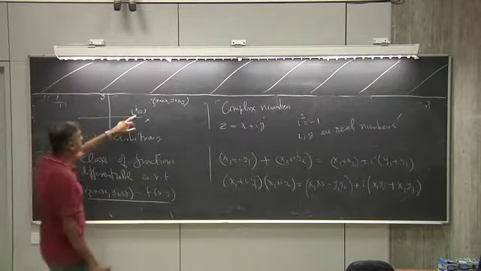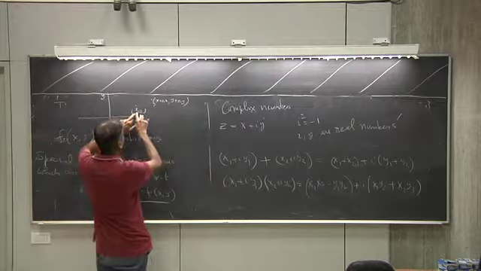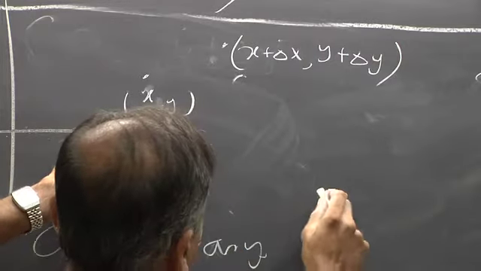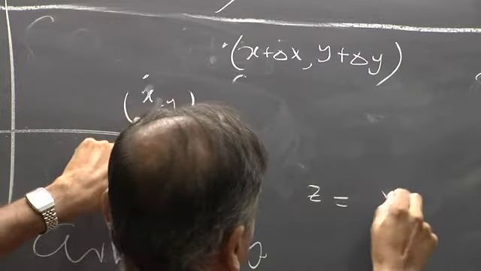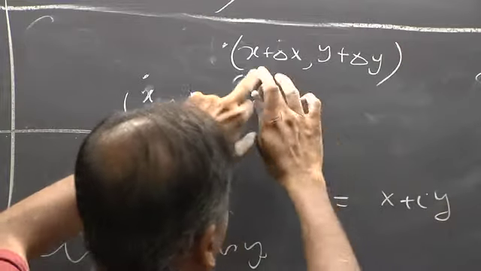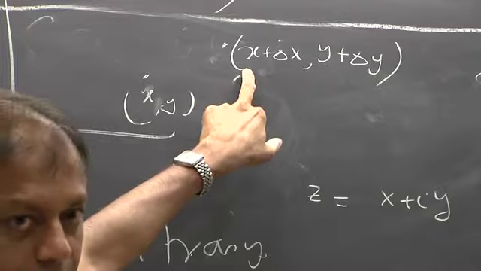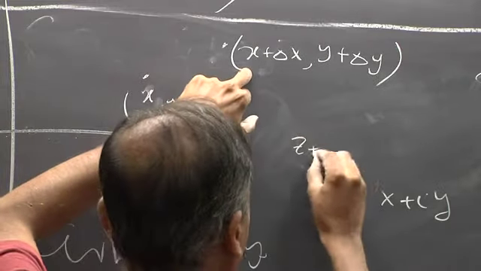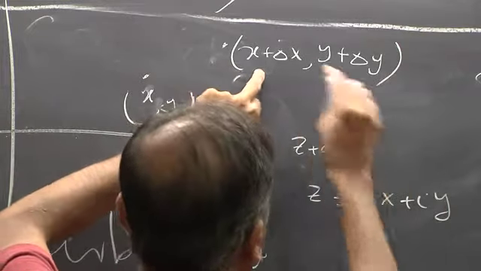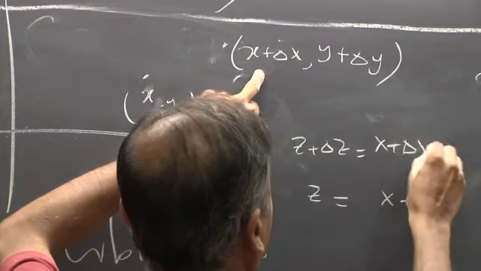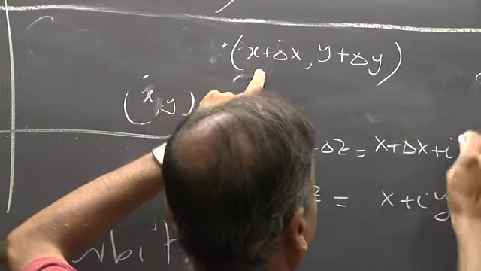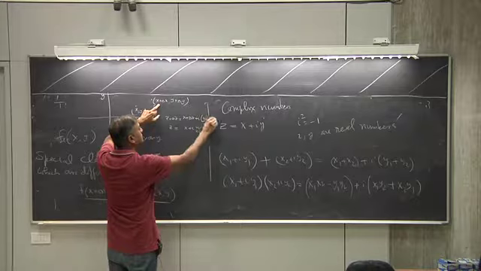So let's look at what the complex number associated with that is. So z is x plus iy. Now the complex number associated with the nearby point, let me call it z plus delta z. So z plus delta z will be simply x plus delta x plus i times y plus delta y, right?